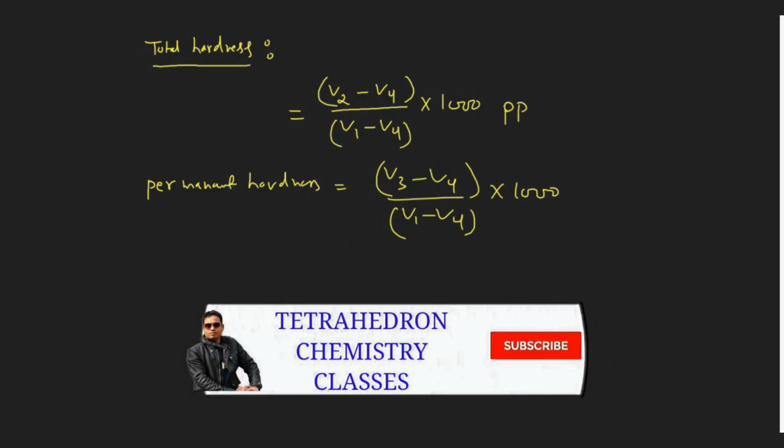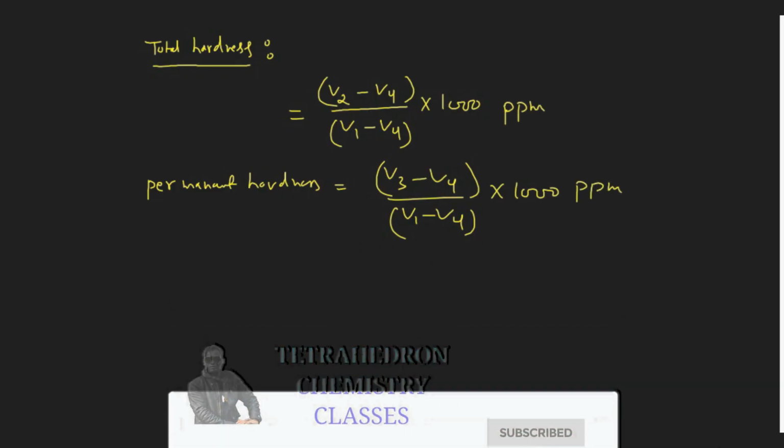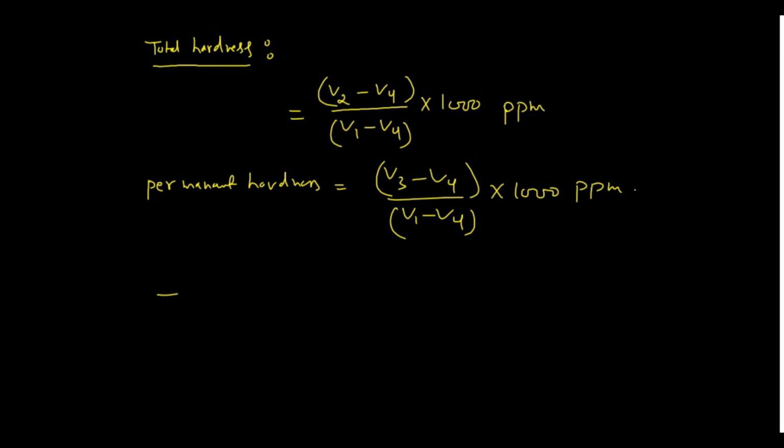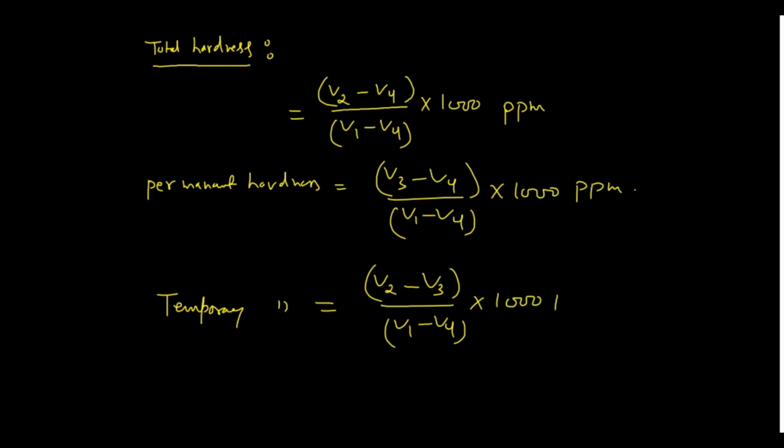Don't forget to put the unit ppm. And temporary hardness, the expression you have just written here, V2 minus V3 over V1 minus V4 multiplied by 1000 ppm. This method is quite straightforward and simple, and by using it you can calculate the total hardness, temporary hardness and the permanent hardness of the water sample.